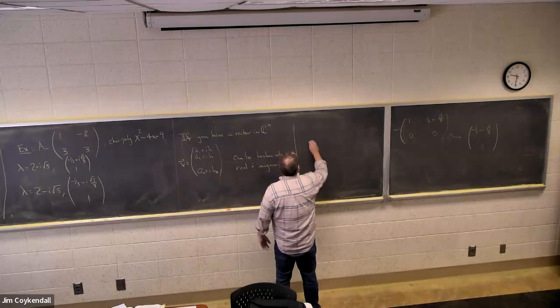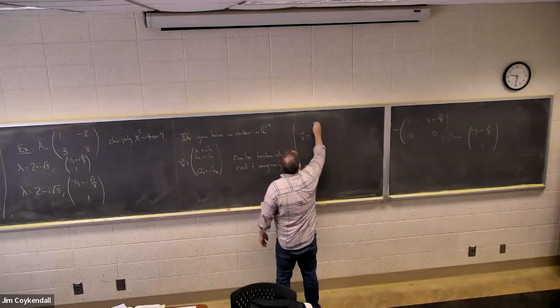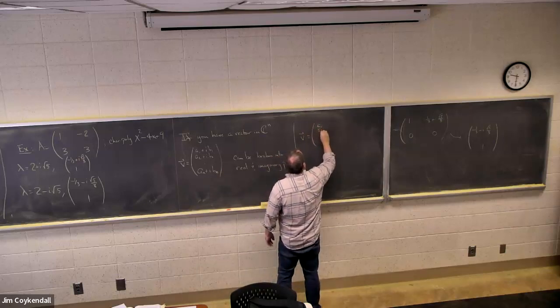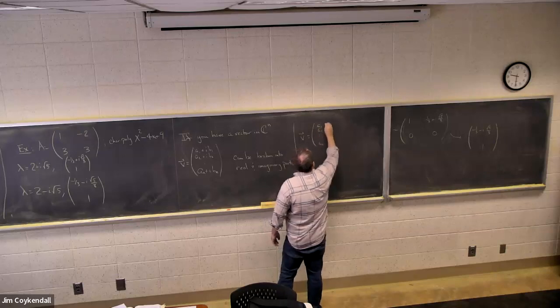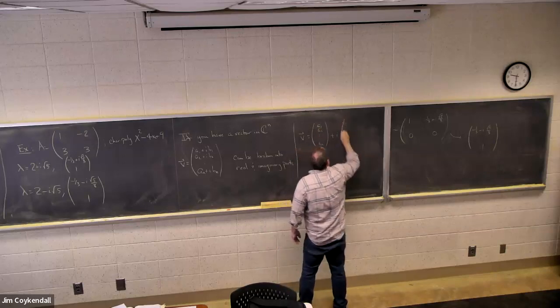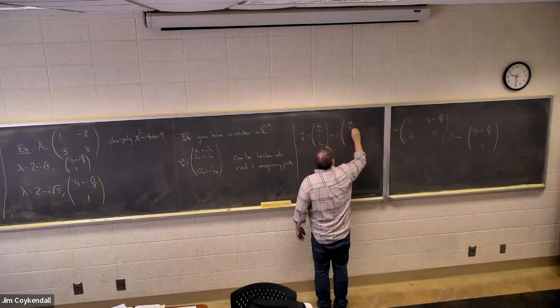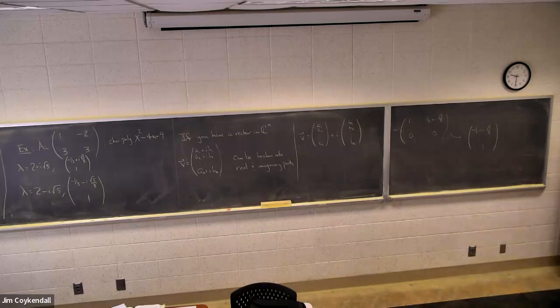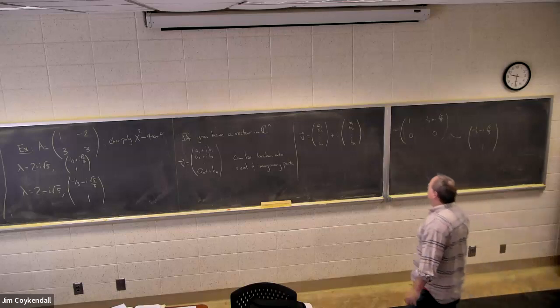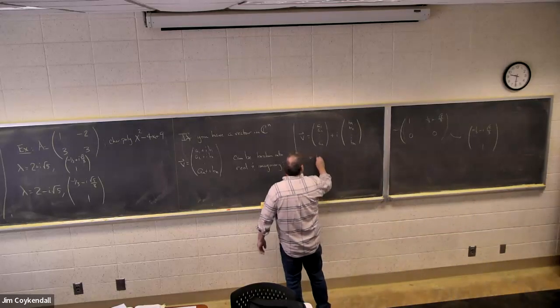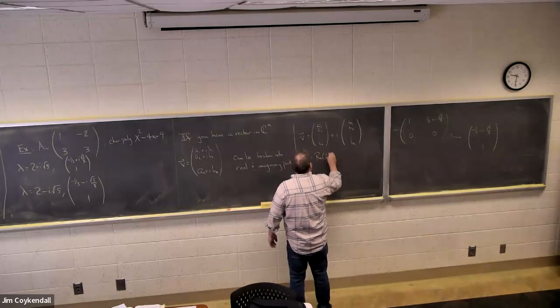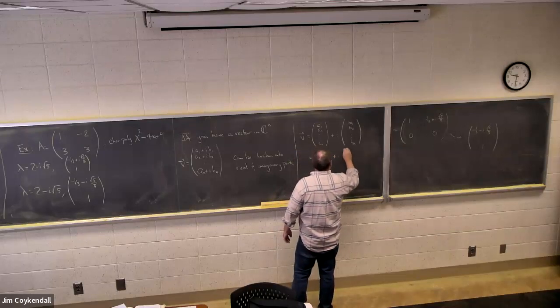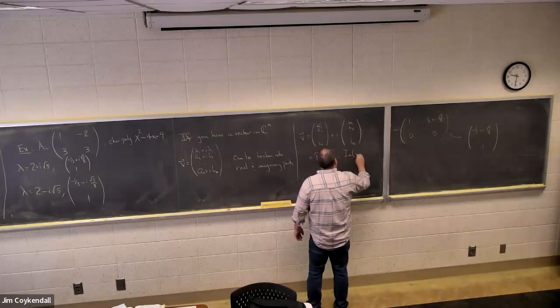You can write this as a real vector plus i times a real vector. And this is sometimes called the real part of V and the imaginary part of V.